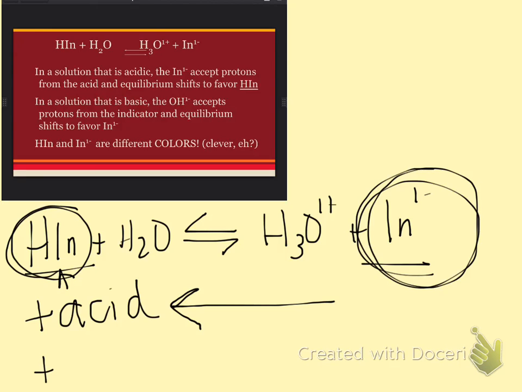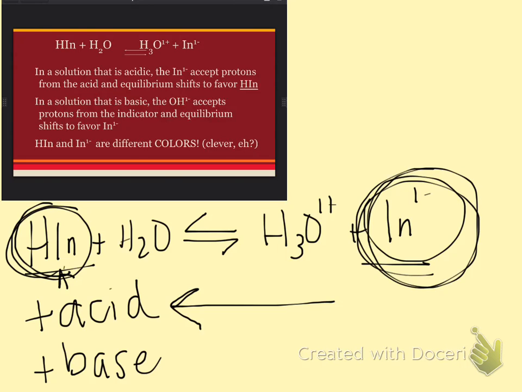Now, if we add a base to this indicator, what does a base like to do? It's going to accept protons. Well, is there a compound here, looking at, again, just the indicators, that is willing to give up protons?